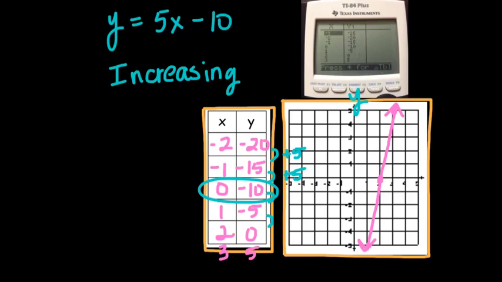So therefore, the y-intercept would be at the point 0, negative 10. And again, if I looked at my graph on the calculator and extended it, I would be able to see that it crosses at negative 10 on the y-axis. So again, use your calculator to help you answer several of these questions.